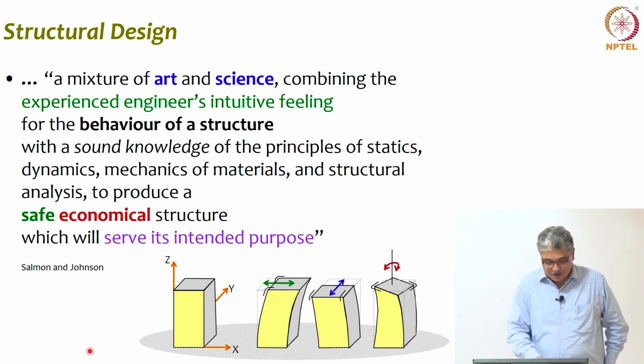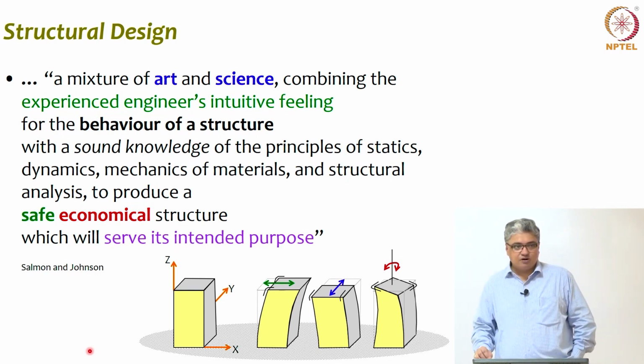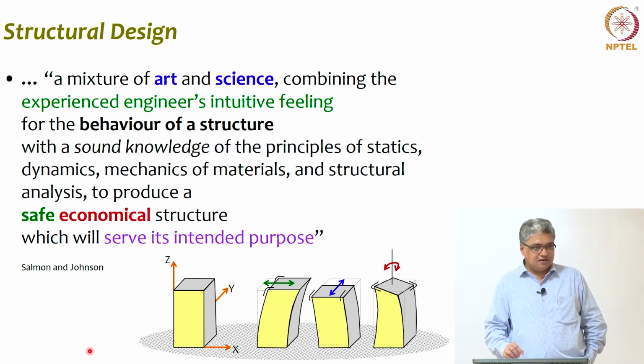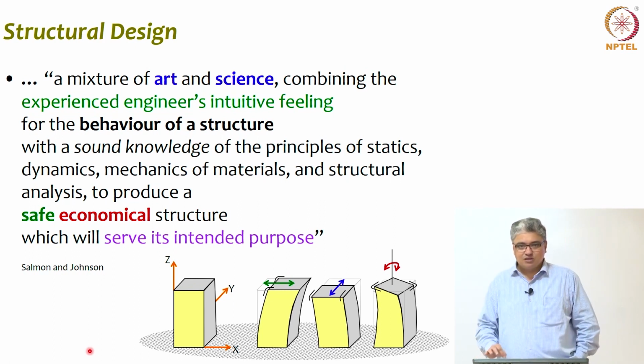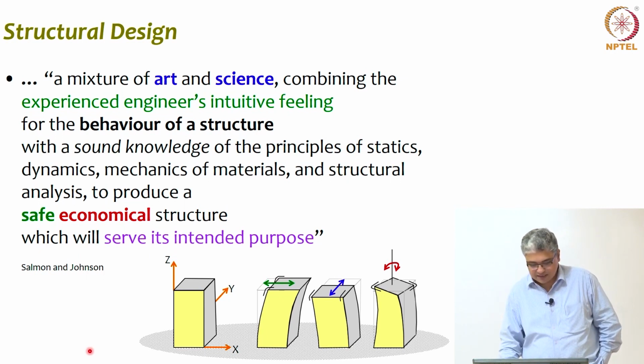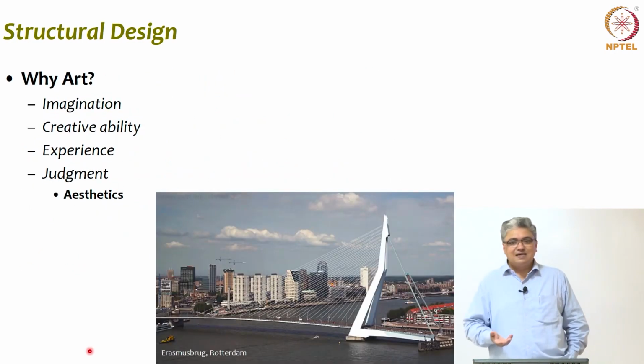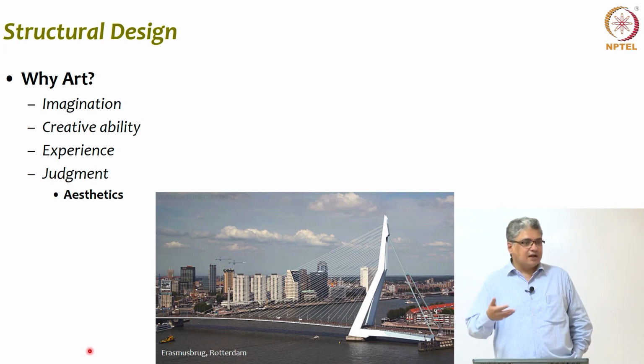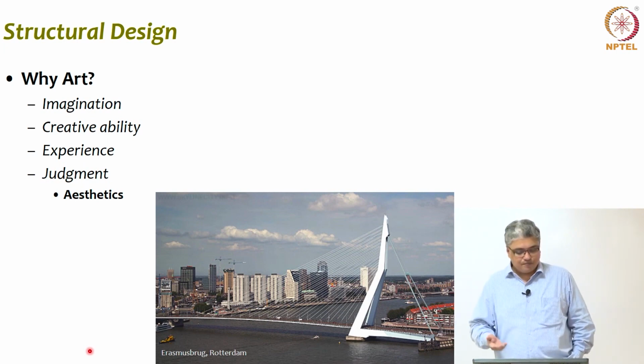But the other important words are safe economical structure, right? Safety is of paramount importance. You can't compromise on safety just for the sake of economy. That's another point I want to make, right? And the structure, of course, has to serve its intended purpose, and we always build a structure with a purpose. That is what we started our whole discussion about.